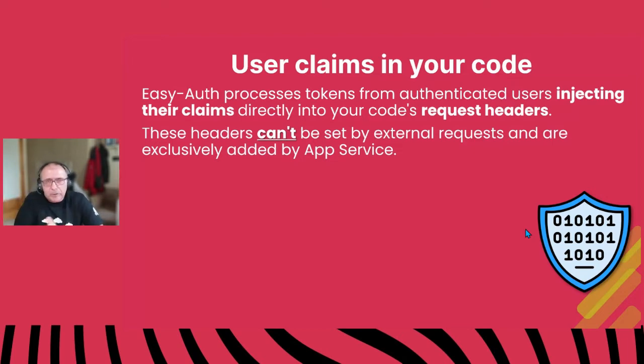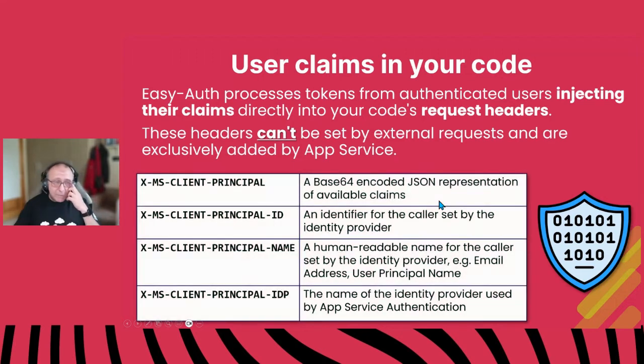It's very important, because otherwise you have a breach. Okay. Basically, you have 4 headers, I will show them in a while, that depend on the provider you use. You have more than 4, but basically for all the providers you have 4 headers.